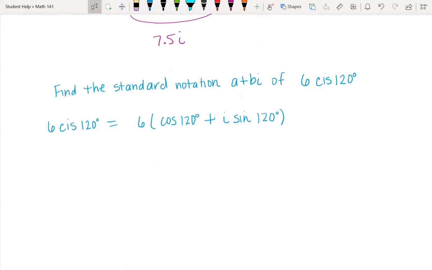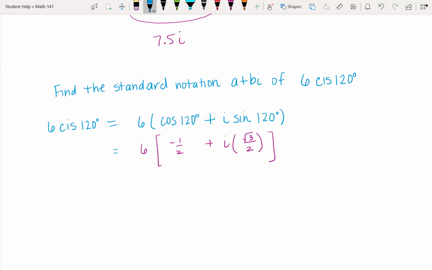So just like I did in the last example, I'm just going to think about what the cosine of 120 degrees is, which is -1/2. And then I'm going to think about what the sine of 120 degrees is, which is square root of 3 over 2. And both of those are going to be multiplied by 6.